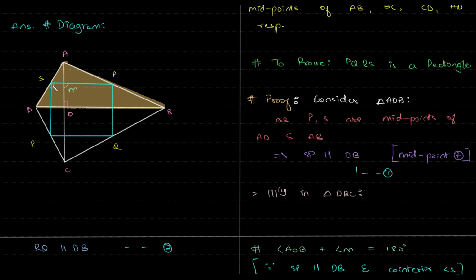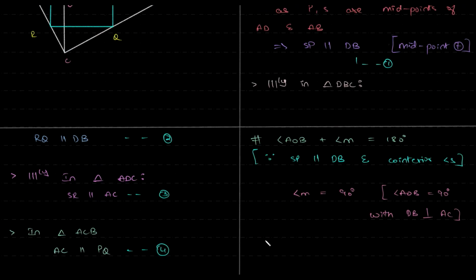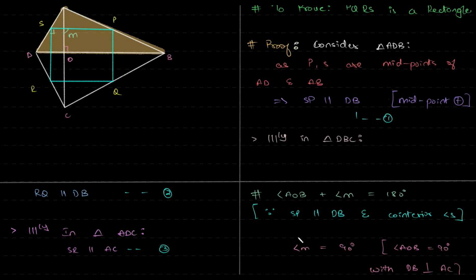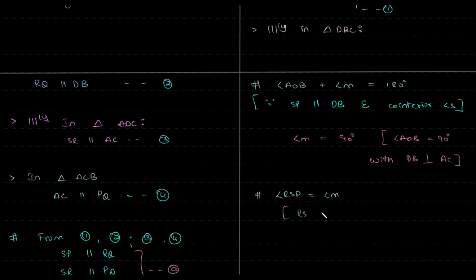And then we can say that angle RSP is equal to angle M. The reason being, we have RS parallel to AC, and they are corresponding angles. So this is also equal to 90 degrees. So from A and B, from all of this, what can we conclude?